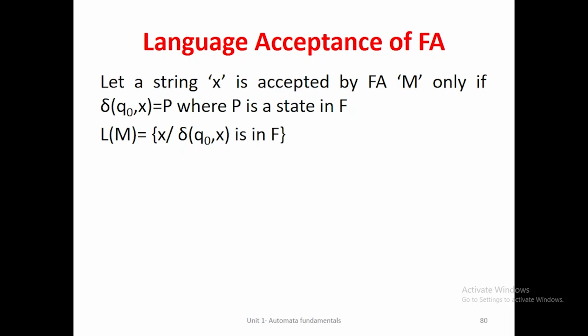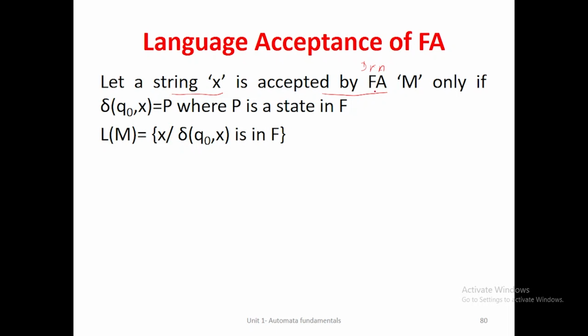Here in this class, I discuss language acceptance of DFA and an introduction to NFA. This is the definition for language acceptance. If you take a string X and X is accepted by a finite automata, generally DFA is called a finite automata.